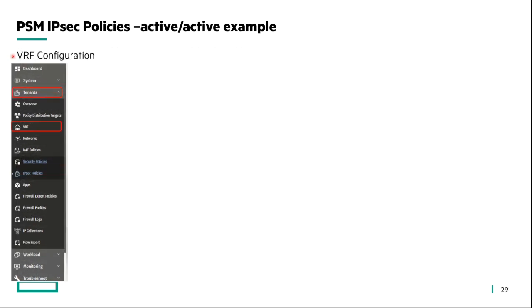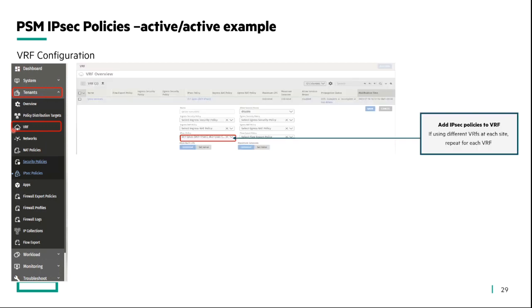So the last part of the configuration, the last step, is to align the appropriate IPsec policies to the VRFs that are being used. Very simple activity. So from tenants on the main PSM user interface, select VRF, and from there select the appropriate VRFs that are being used.